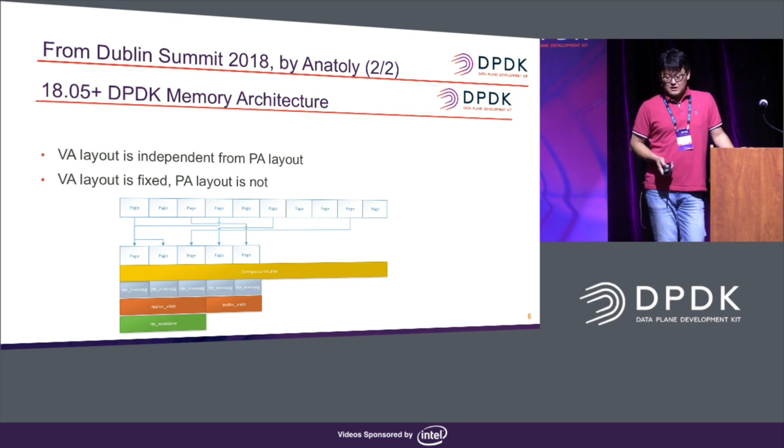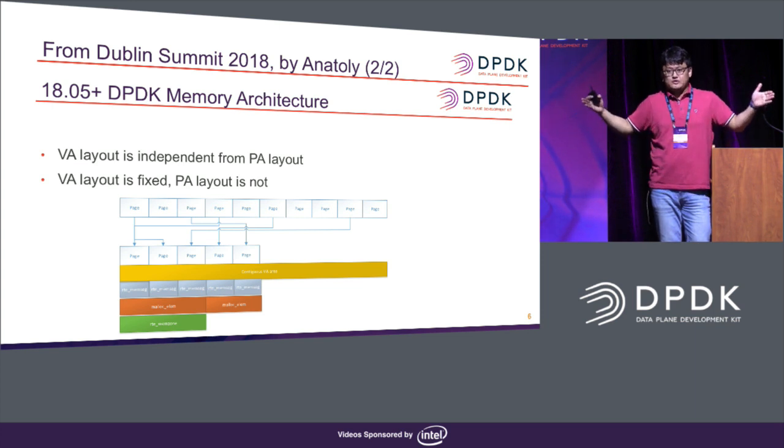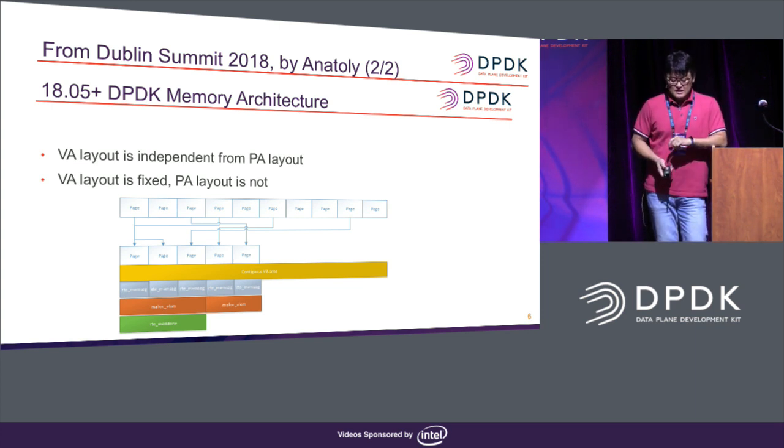At the EAL init stage, if I remember correctly, the memory management system tries to reserve a very huge virtual address space, like this orange bar. Whenever it's needed, it acquires a page from the system and maps it to this pre-reserved virtual address space. So it is so dynamic now.